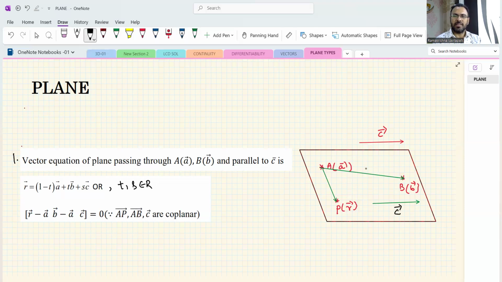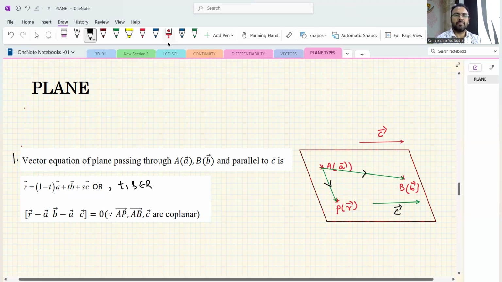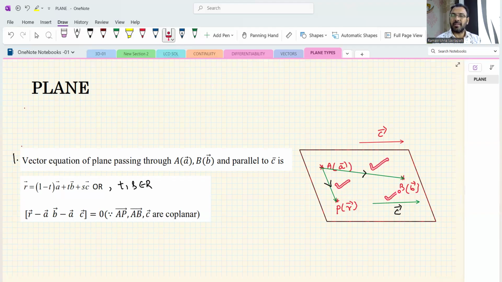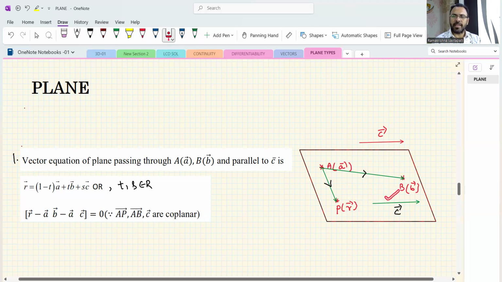Now observe that the AP bar vector, AB bar vector, and C bar vector are coplanar. There is no need to maintain any order; you take any order.